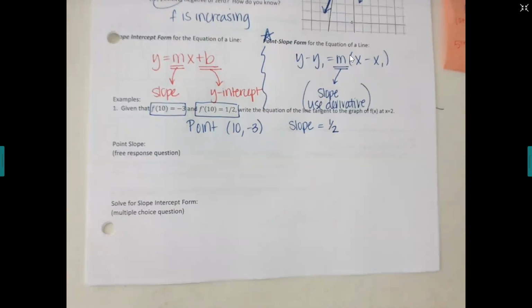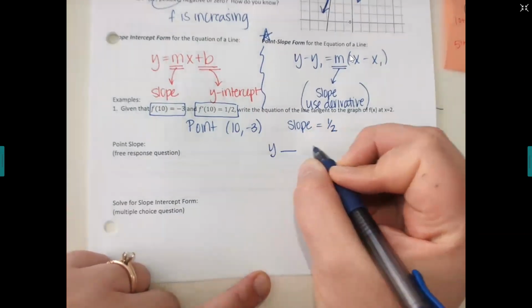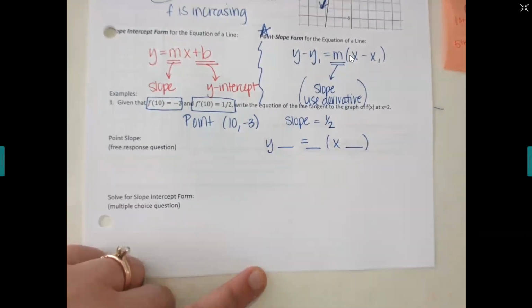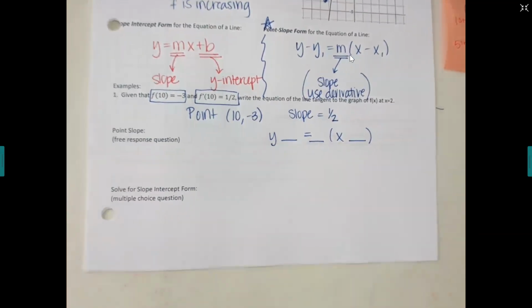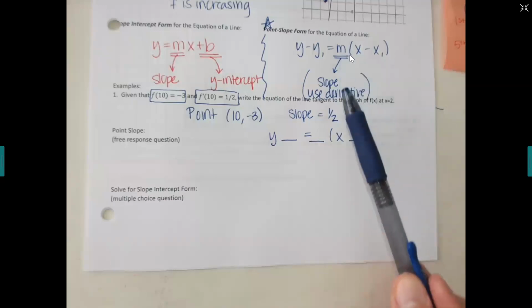Then from there, you're going to write the equation of the line. The way that I write it is I'm going to do y blank equals blank times x blank. Then we're going to go to each of those spots and fill in the numbers from our two ingredients. Now, m is the middle blank. What was my slope?